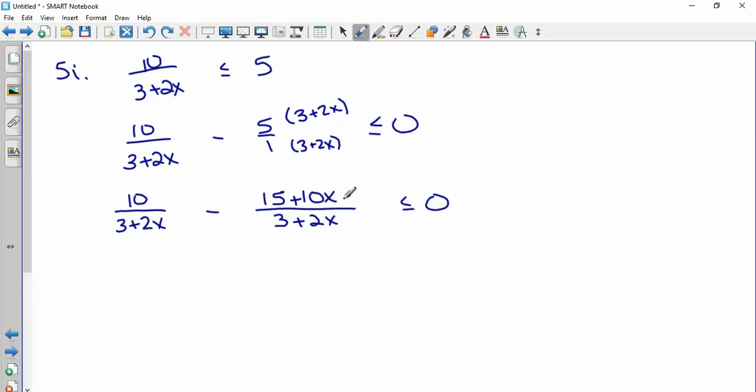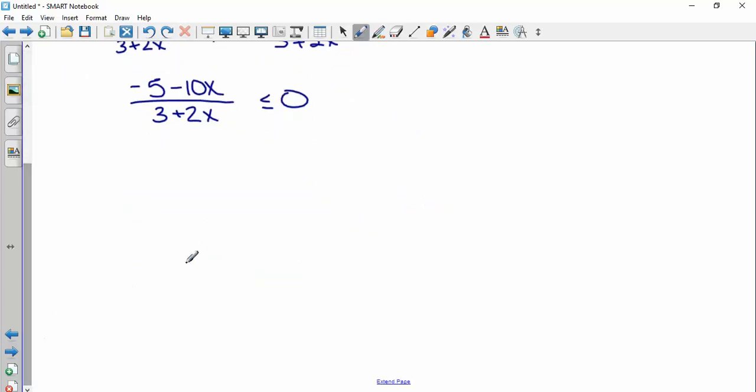Okay, so if we distribute the 5, that gives us 15 plus 10x. We have this negative, so we need to distribute that. So positive 10 and negative 15 gives us a -5 minus 10x over 3 plus 2x. This is our goal. That's our ideal setup.